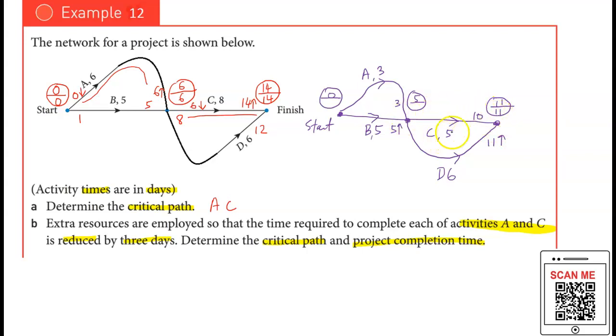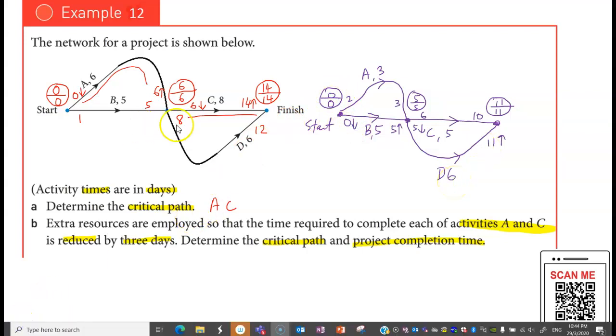So 11 minus 5 for activity C, you end up with 6. 11 minus 6, you end up with 5. For LST comparison, I always go for the lowest value, so this is 5. 5 minus 3, I end up with 2. 5 minus 5, I end up with 0. Between these, I go for 0.